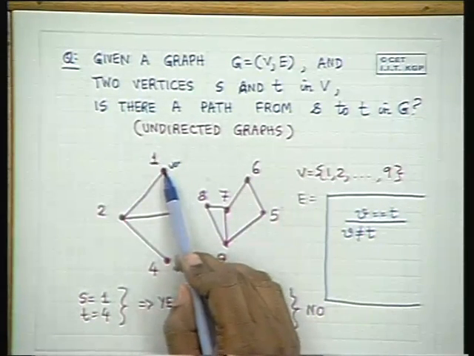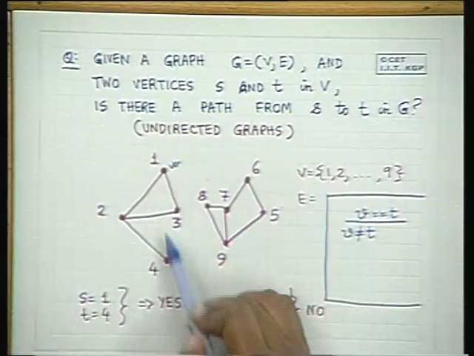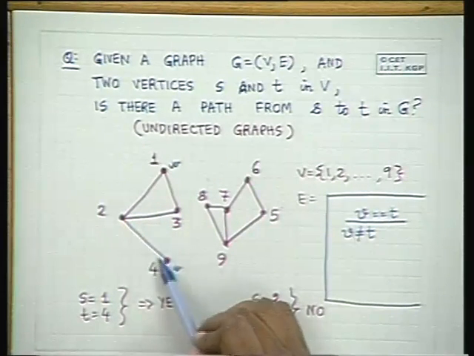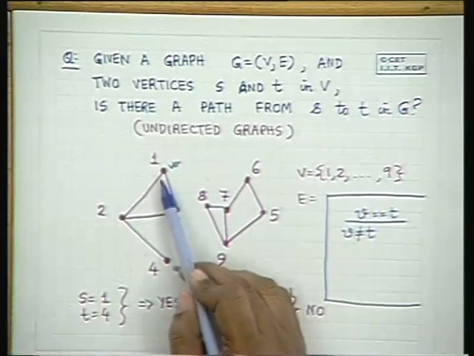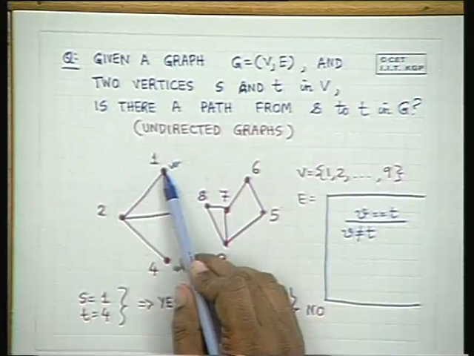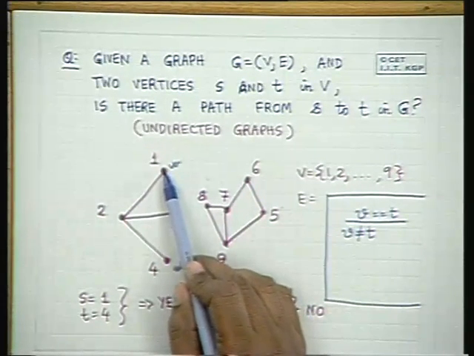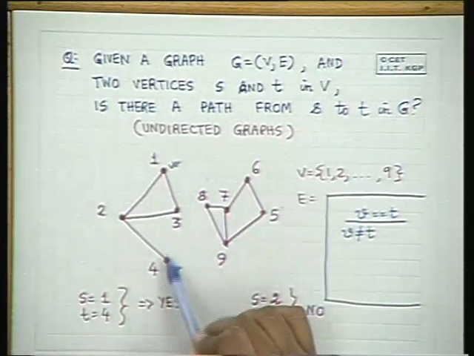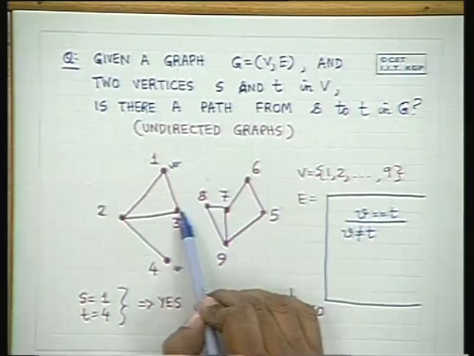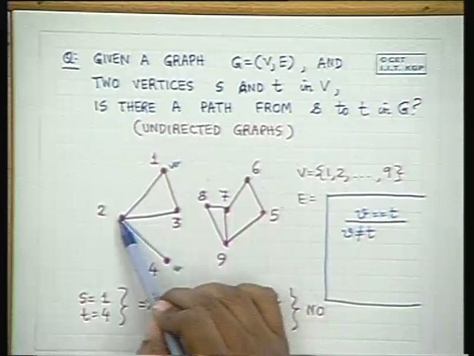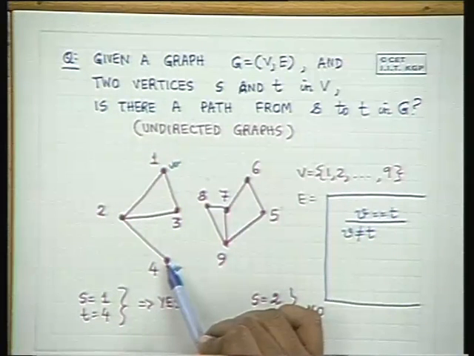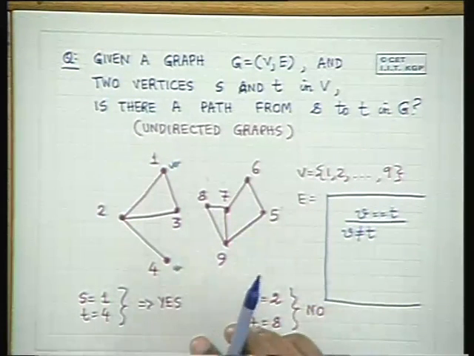Now if there is a path from 1 to 4, then there must be a path from either 2 to 4 or 3 to 4. That is, if there is a path from 1 to 4 and 1 is not equal to 4, then there must be a path from any one of the successors of 1 to 4. And if there is no path from any one of the successors to 4, then there is no path.